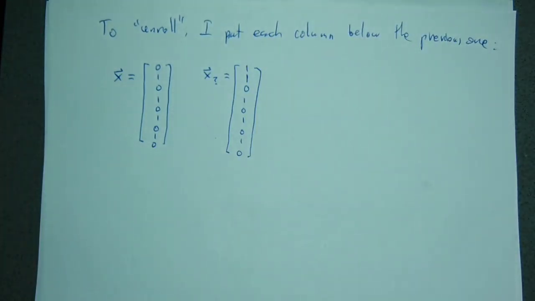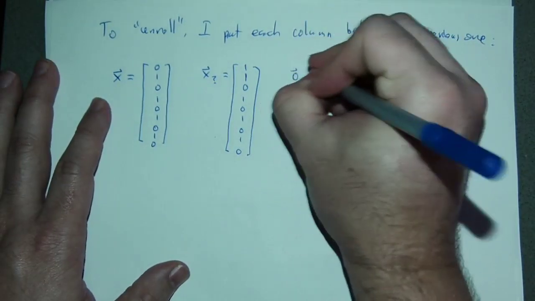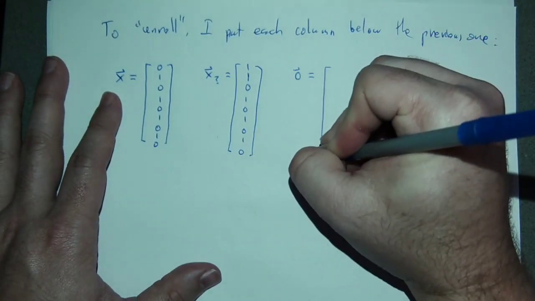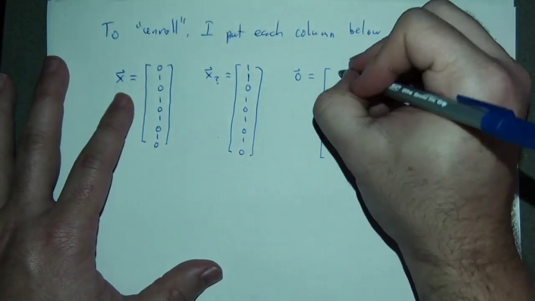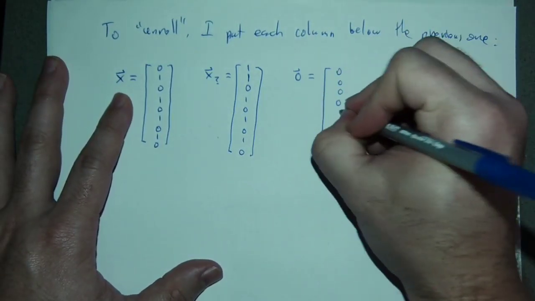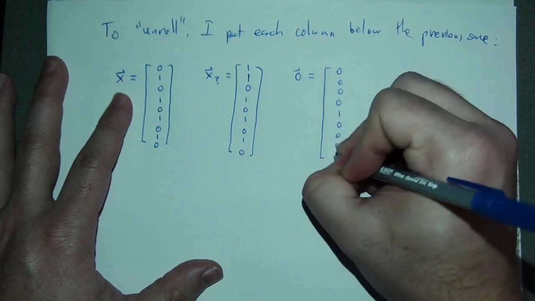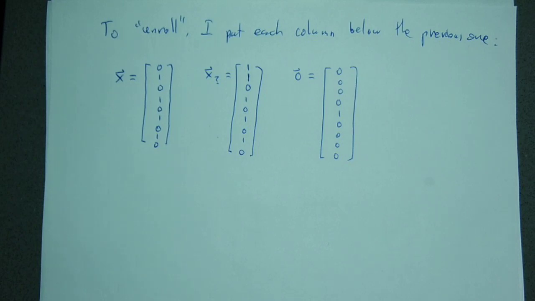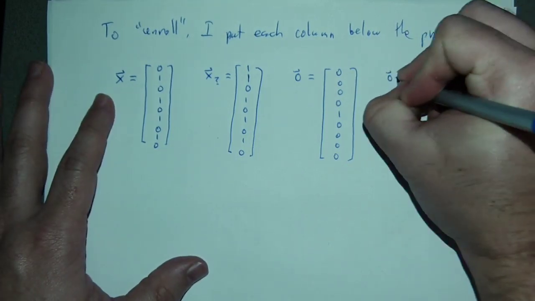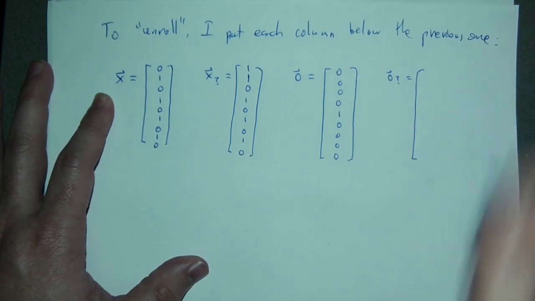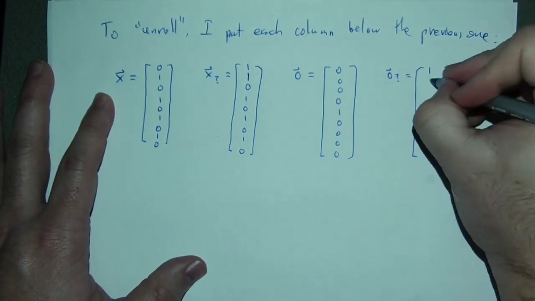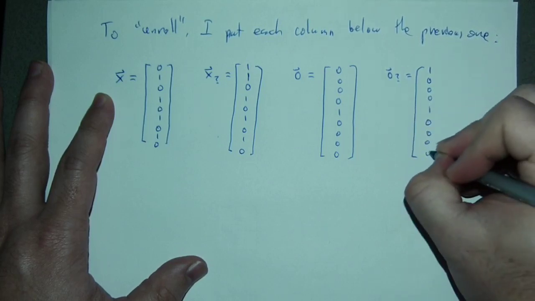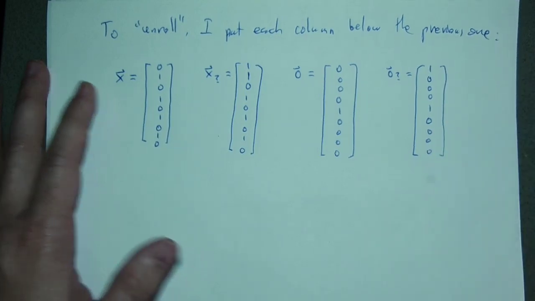My O has zeros everywhere except this middle slot, so this is 0, 0, 0, 0, 1, 0, 0, 0, 0. And lastly, my questionable O is 1, 0, 0, 0, 1, 0, 0, 0, 0.